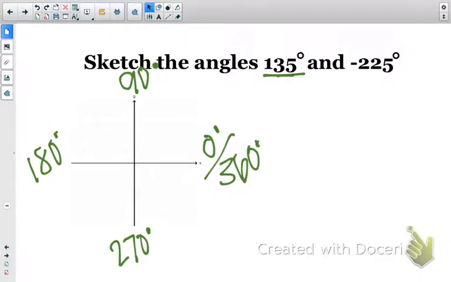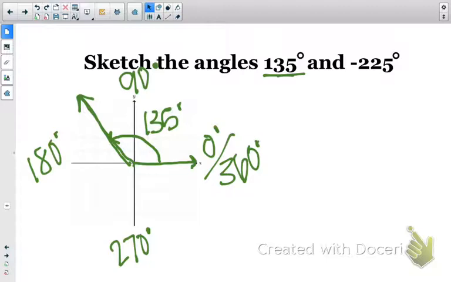If it's positive 135, no matter what, we always start at the x-axis. 135 is more than 90 and less than 180. It's 45 degrees more than 90, so we go up to 90 and past it by 45 degrees, and we end up right there. That is our angle of 135 degrees in standard position.